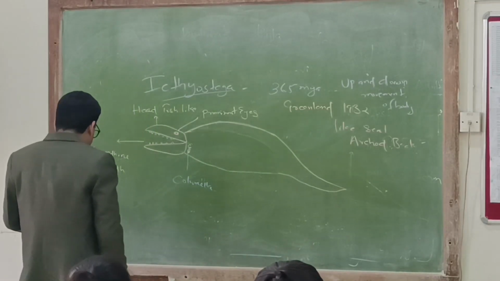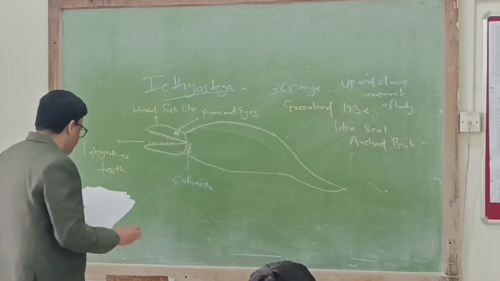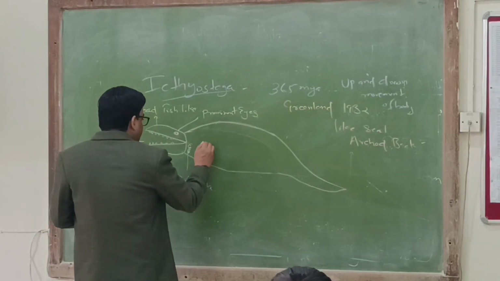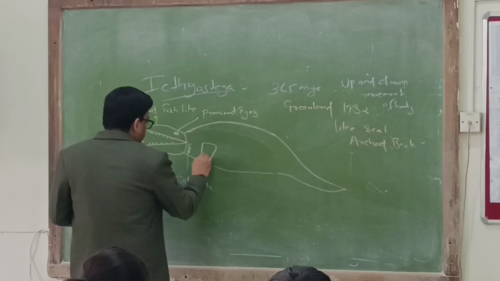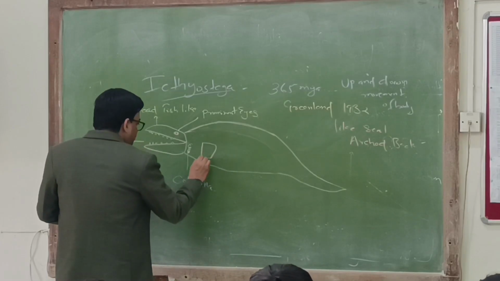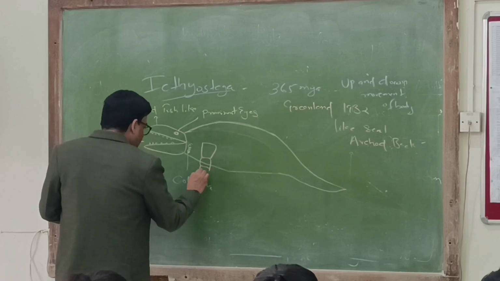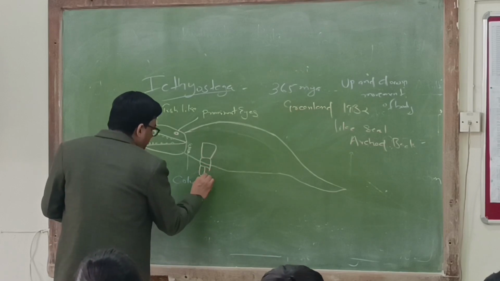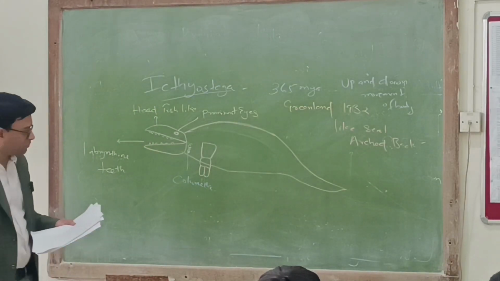Then you will find one of the strongest so far in all the fossils. You will find a very strong pectoral girdle, with a plan which is like a tetrapod.